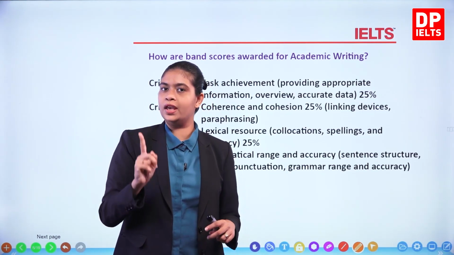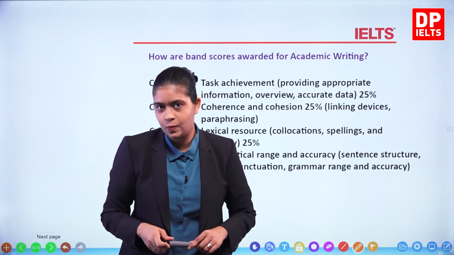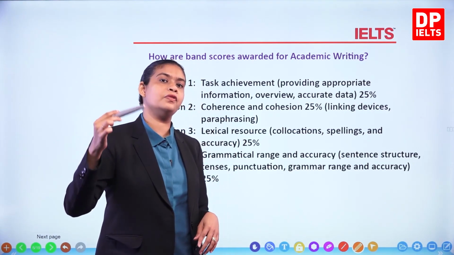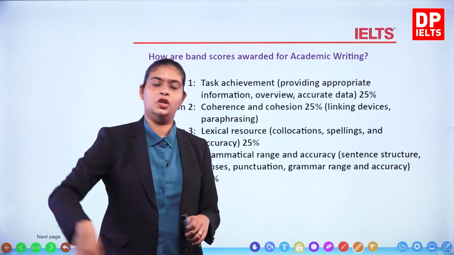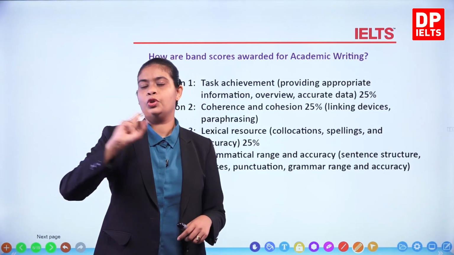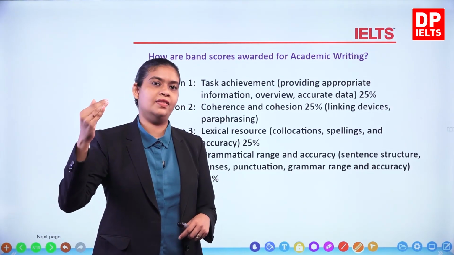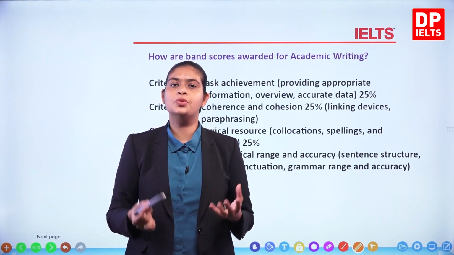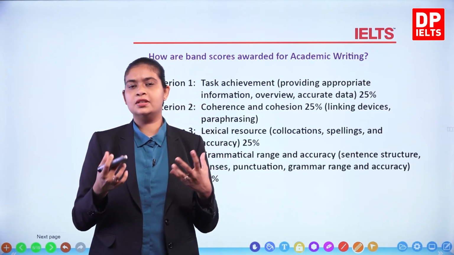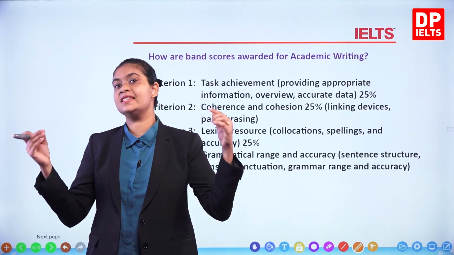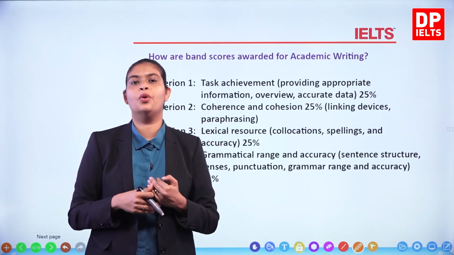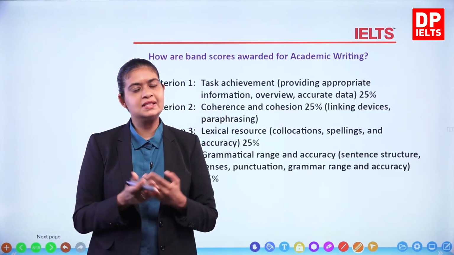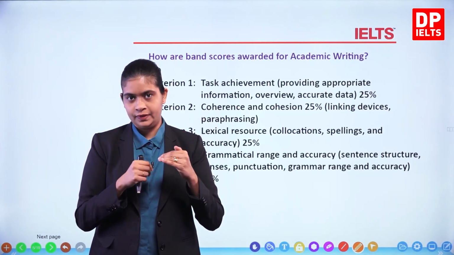The same way in your writing task 1, you must have the relevant sequence. You have a nice intro, you have the overview, and then you have the body paras. Now, when you're doing so, not just the paragraphs, but the sentences in each para must also link together well.